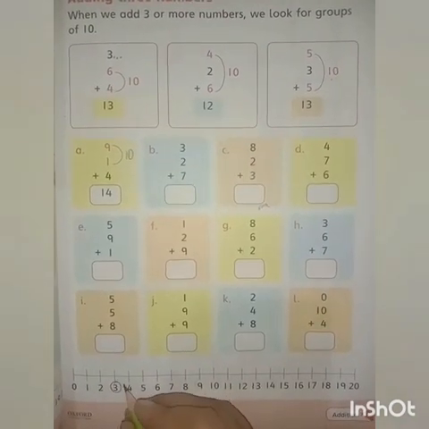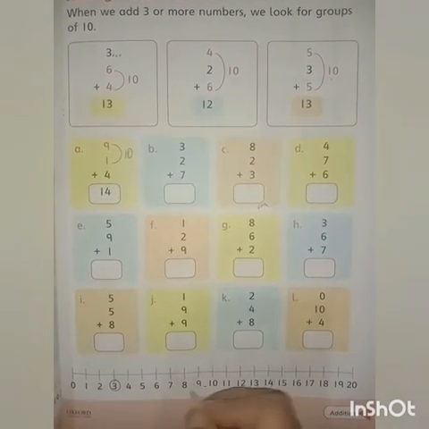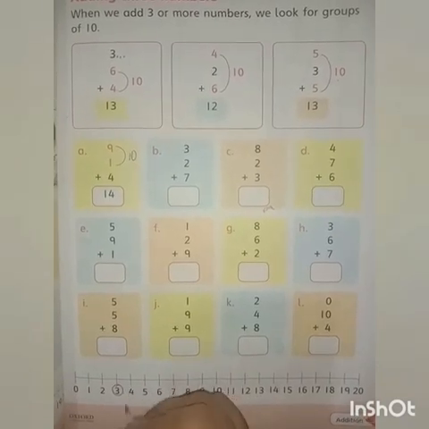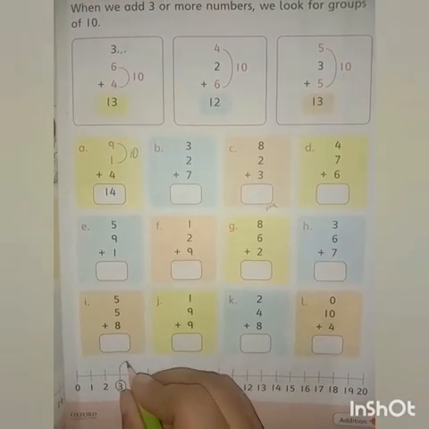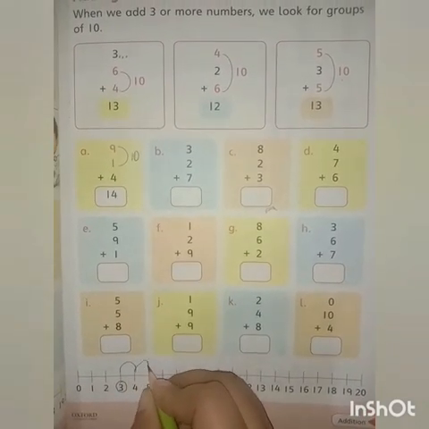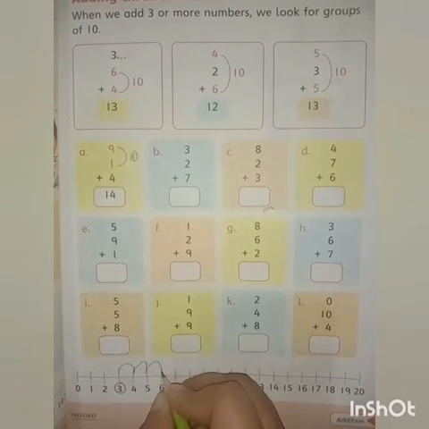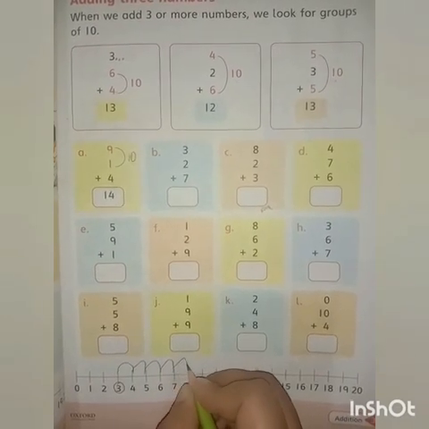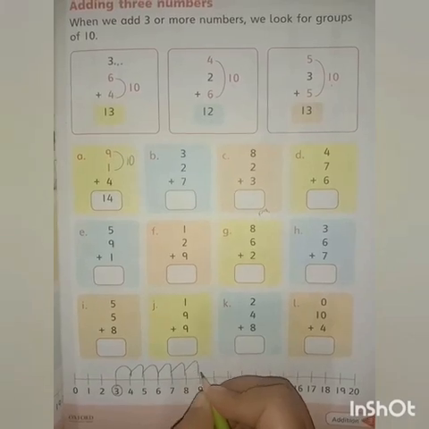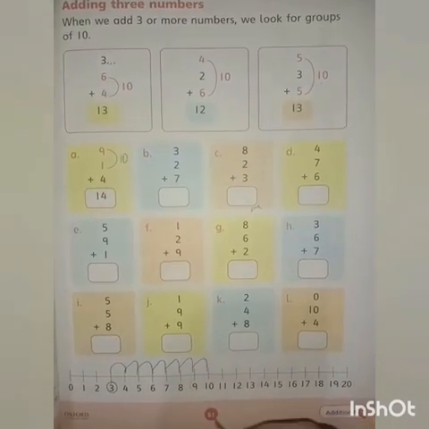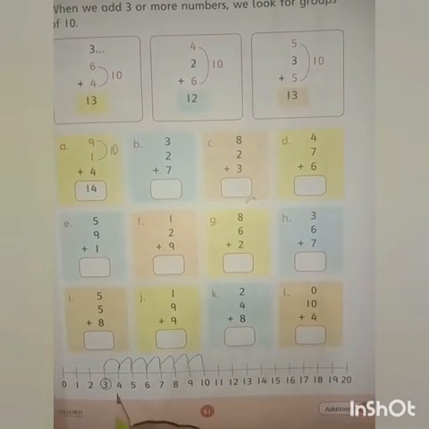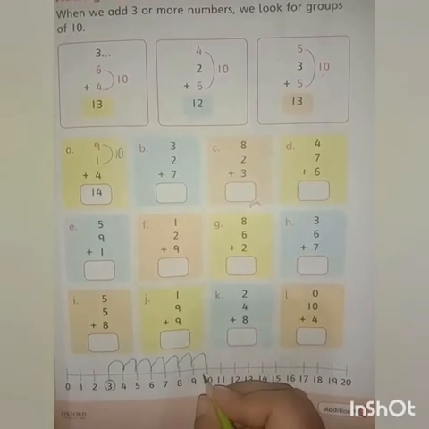Students, we have to jump to the right 7 numbers. 1, 2, 3, 4, 5, 6 and 7. When we add 7 to 3, we find a group of 10.